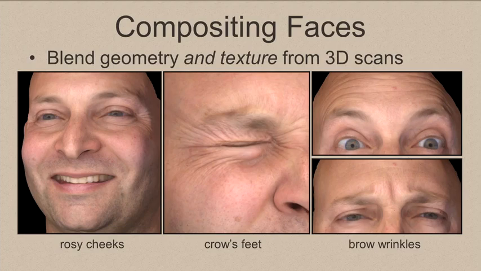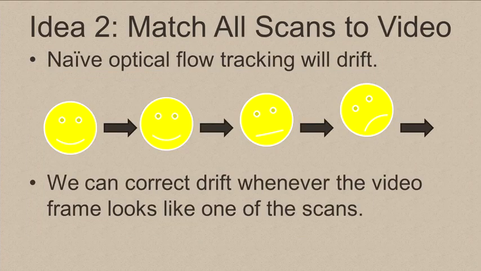And then the other thing to work on is how do you prevent your solution for tracking from drifting over time. So if you were just to start at the beginning of your animation and somehow get your face lined up at the beginning and try to animate this face using, say, optical flow, you may find that if you just flow the face from one frame to the next, the face will start to slide off of the video, or it may start to move around within its own UV texture space, which is equally bad.